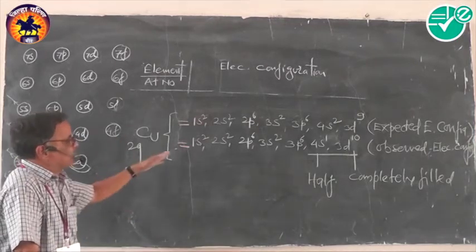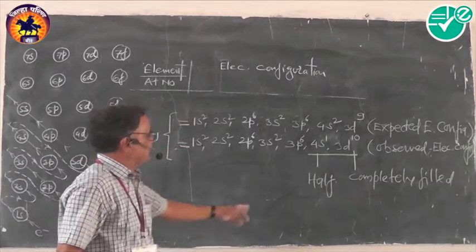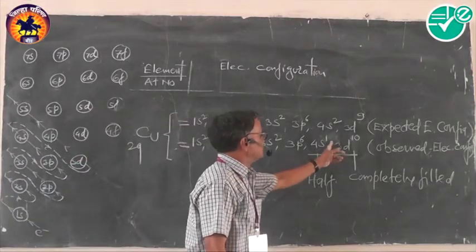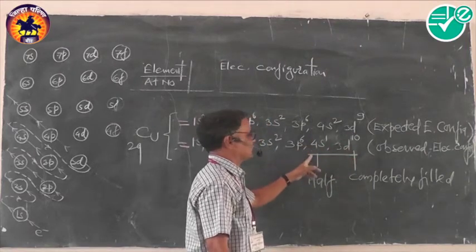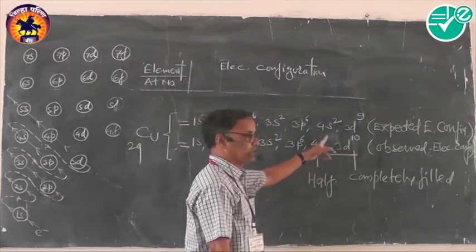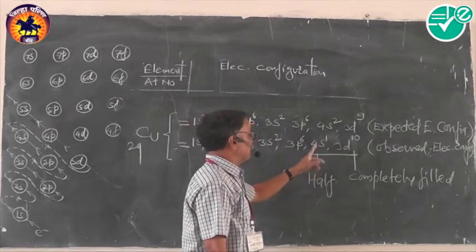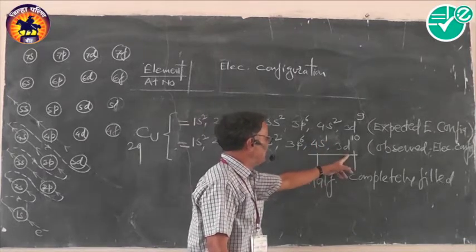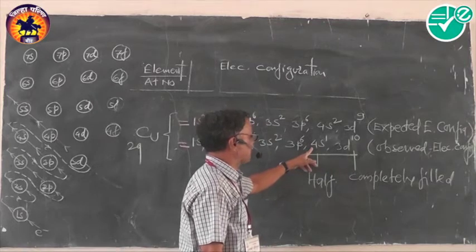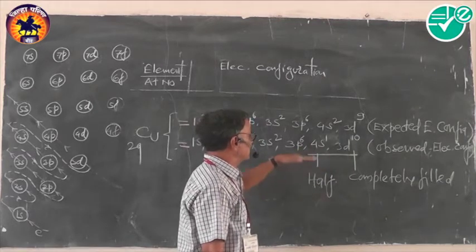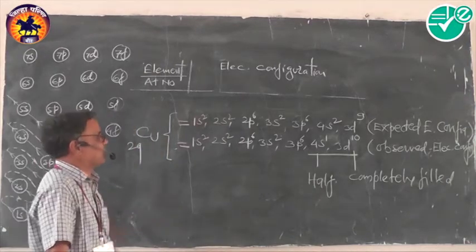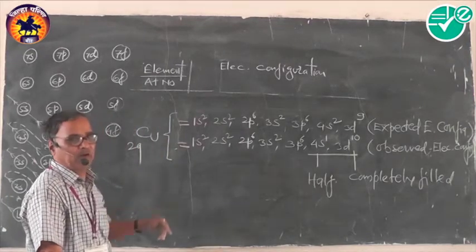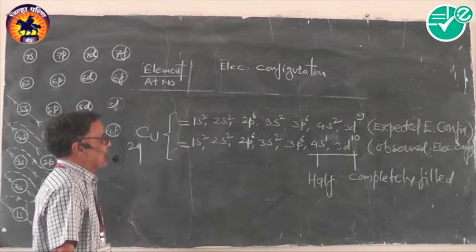In the case of copper, the same happens: the last subshell is completely filled with 10 electrons, and the last but one subshell is half filled with 1 electron. Hence, whenever the last subshell is completely filled and the last but one subshell is half filled, such an electronic configuration is called the observed electronic configuration, shown by copper while taking part in a chemical reaction.